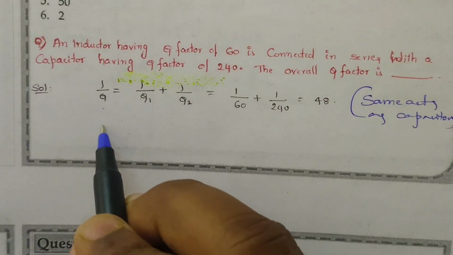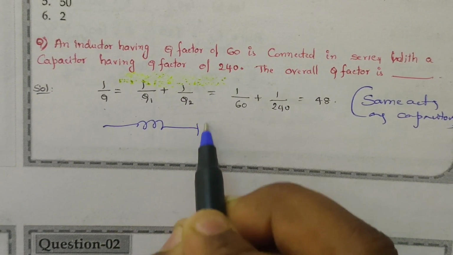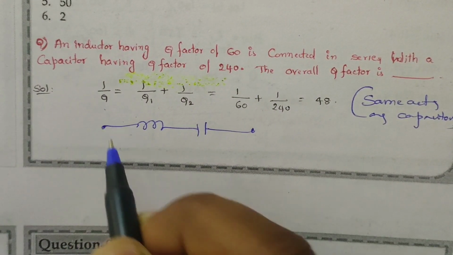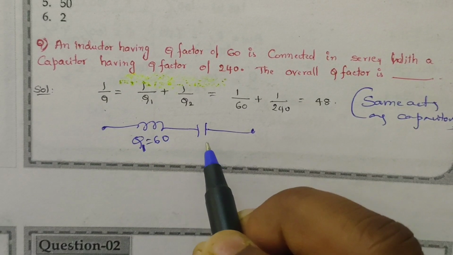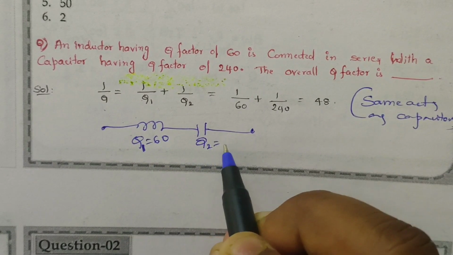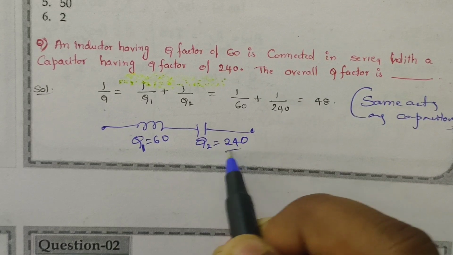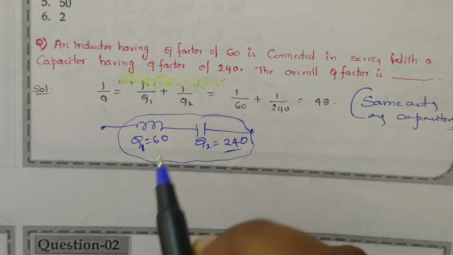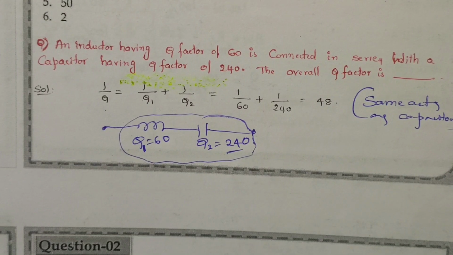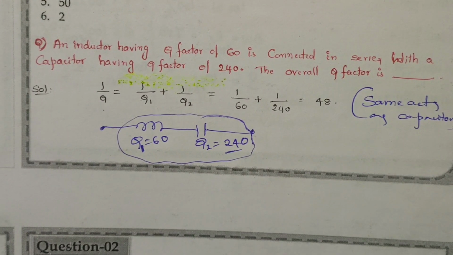He is saying that the inductor and capacitor are connected in series, this having Q1 value 60 and this having Q2 value 240. So both will act as a series connection of capacitors, and calculations will be done as for a series connection of capacitors.